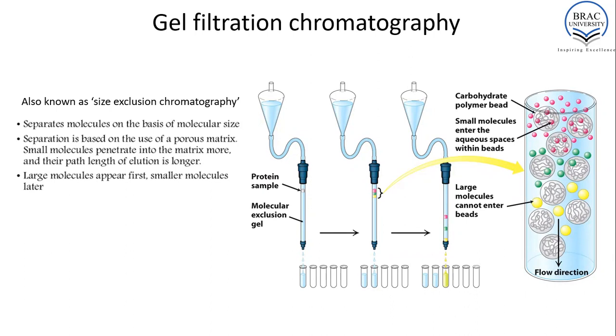This follows the basic concept of chromatography, where you need a mobile phase where the product of interest is present, and a stationary phase, which can be cellulose, Sephadex, or agarose, and the solute or mobile phase passes through. So this is again using the size of the molecule.